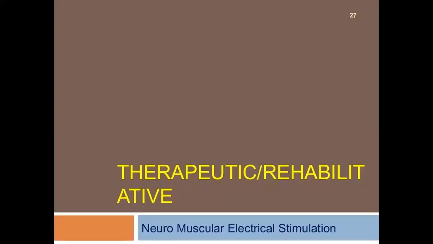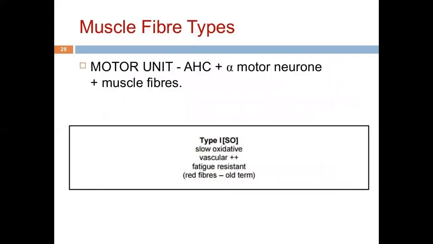Therapeutic rehabilitation: neuromuscular electrical stimulation. Now moving on to the therapeutic effect of NMES. The muscle fiber types: there is the motor unit, which is the alpha motor neuron plus muscle fibers. Type 1 is of slow oxidative type, vascular, fatigue resistant, red fibers.